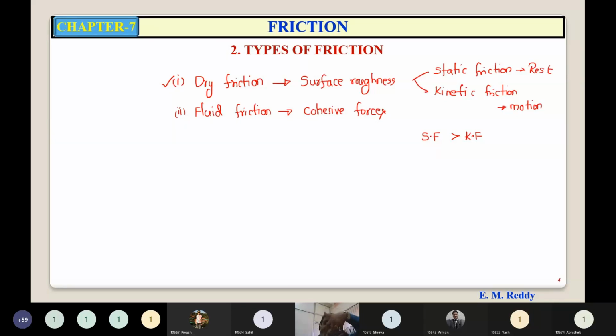Hence, the resisting force to the motion is more. But if one body is moving on the surface, then there is no proper interlocking between the surface irregularities. Hence, the resisting force to the motion of the body is less. Hence, the kinetic friction is less than the static friction.